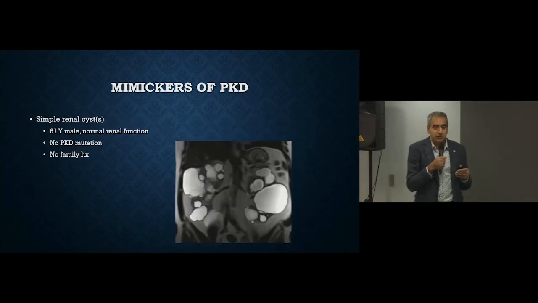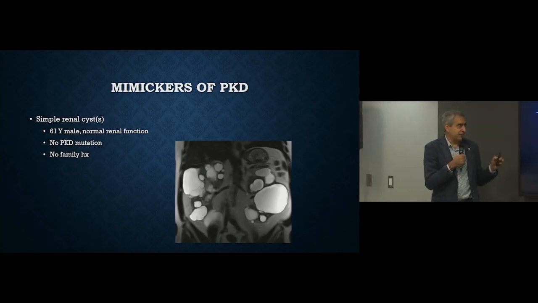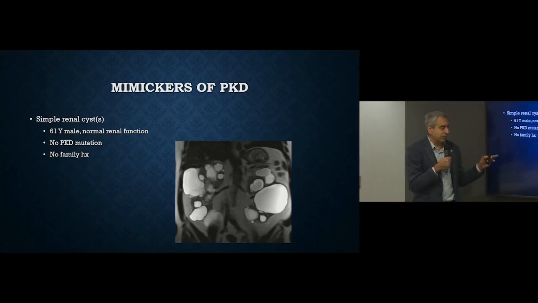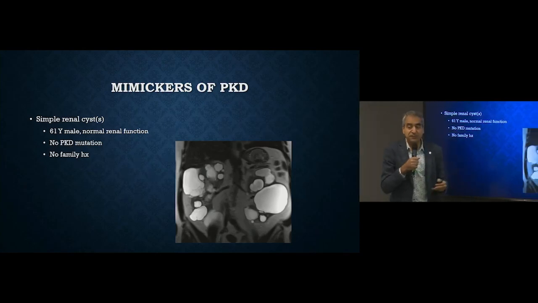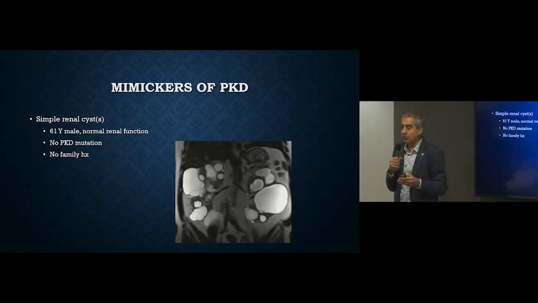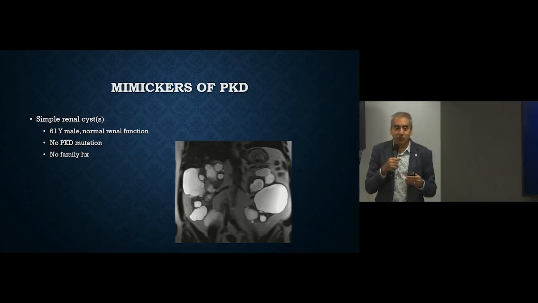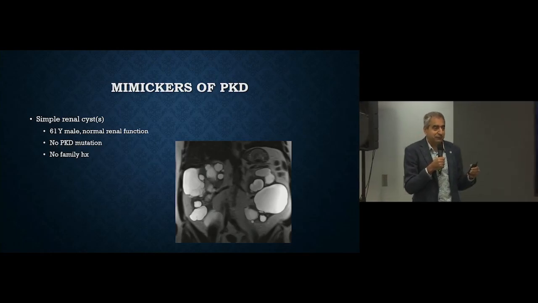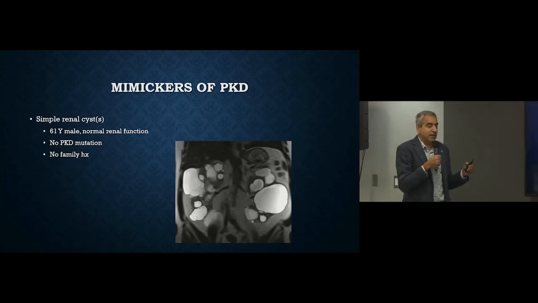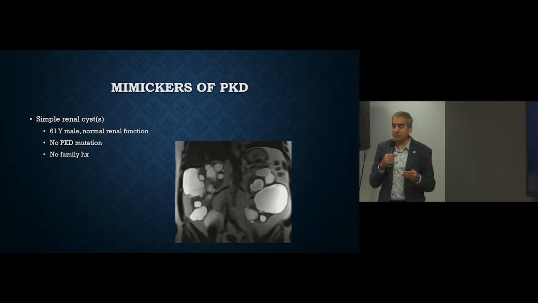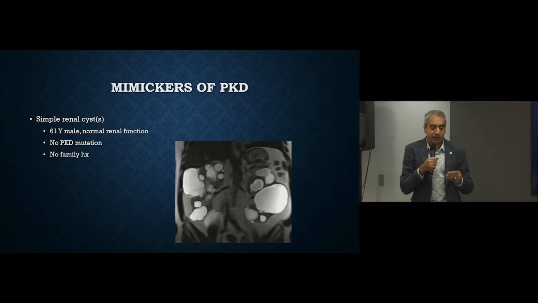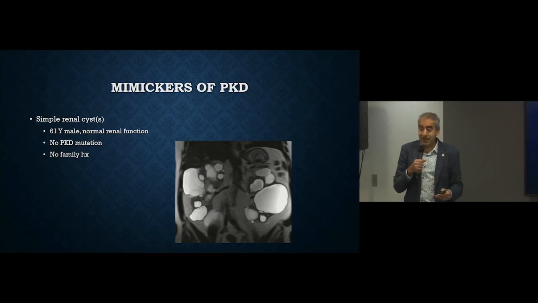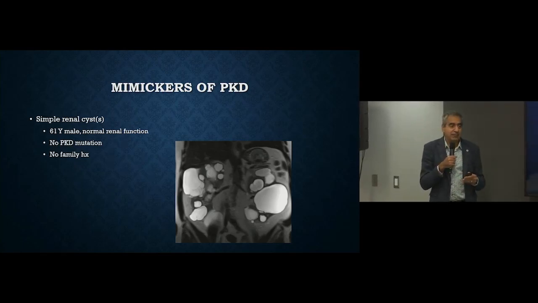One thing I want to say to you, and this is an interesting area, is that development of cysts is actually a normal part of human aging. I'm on the wrong side of 50, and if you scan my whole body, you will see that I have cysts, probably in my kidneys, in my liver, in my pancreas, and other parts.